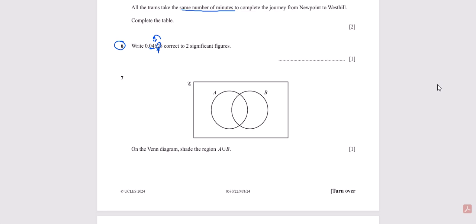If this number is less than 5, we do not add any number to the left sided number. So 2 is smaller than 5. So our correct answer is 0.046 the same. If here is 7, so 0.047, because 1 is added to the left sided number. So the final answer is 0.046.